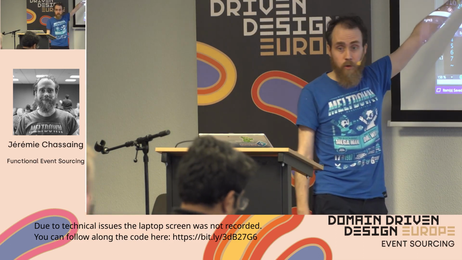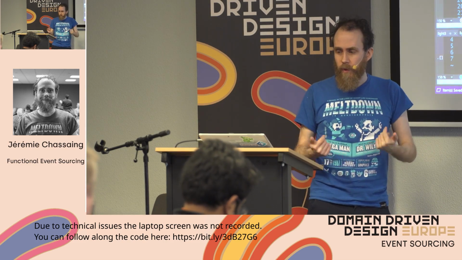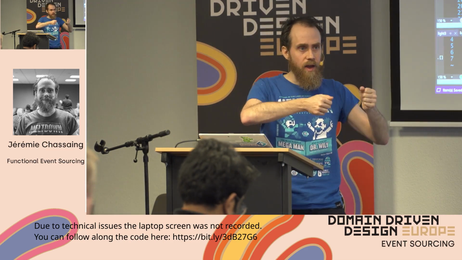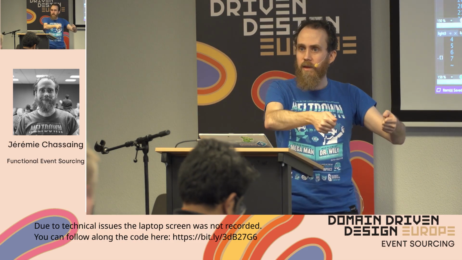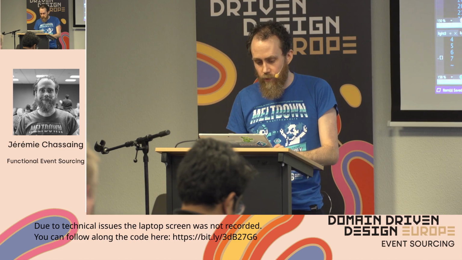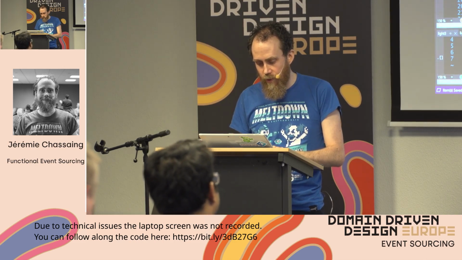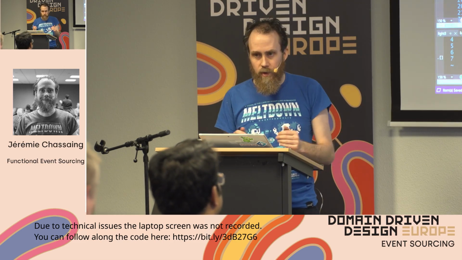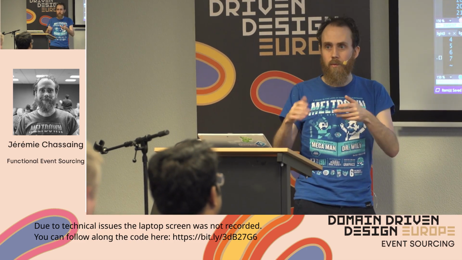So here the small change I did is that when I load, I take my current version, okay? And at the moment I will save, I will check that I'm still in this version before actually saving. If it's not the case, I will get an exception, and what you will just do is do something like try, catch the exception with, and here what you can do is, you have the current version, there were a few more events.